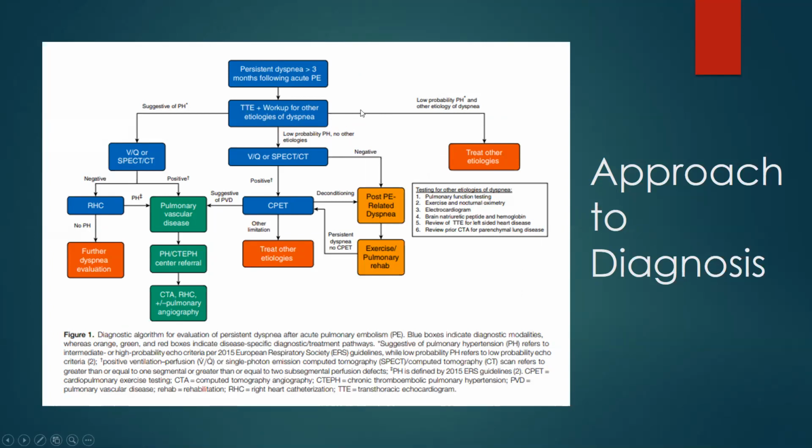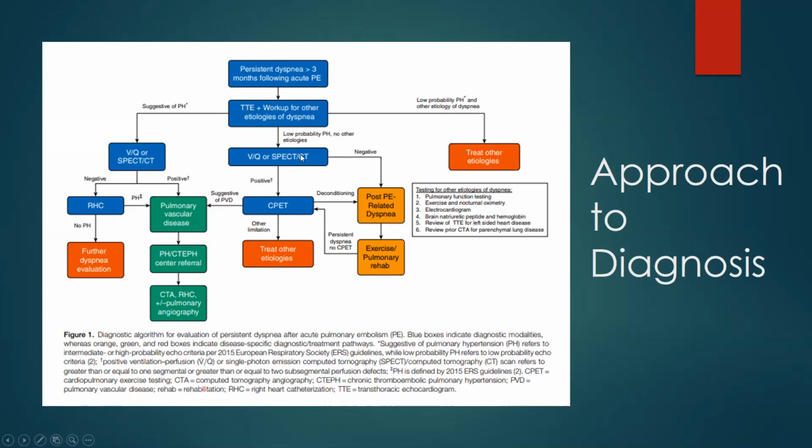So if their echo is low probability and it doesn't look like they have PH, their RVSP is normal, no RV dysfunction, then you really should be looking for other etiologies. If it's lower probability but intermediate borderline, then you can continue along that pathway and get a VQ scan and see what the probability is there. If the VQ scan is negative, then they fall into that frustrating category of post-PE related dyspnea that we really don't have a great sense of what to do with. There's some thought that pulmonary rehab can help these patients.